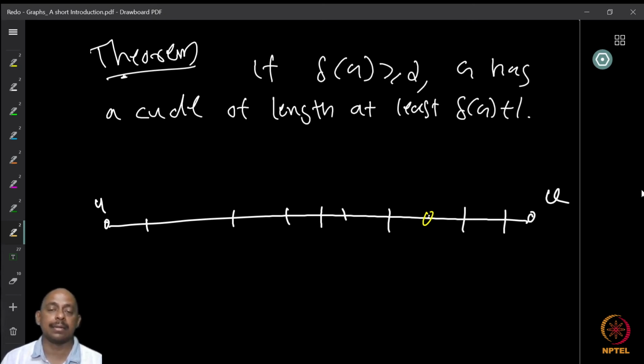There could be smaller cycles, but you have at least a cycle whose length is minimum degree plus 1. So the proof is essentially the same. If I look at the maximum length path P in the graph, then as we mentioned, all the neighbors of U must be in P itself.